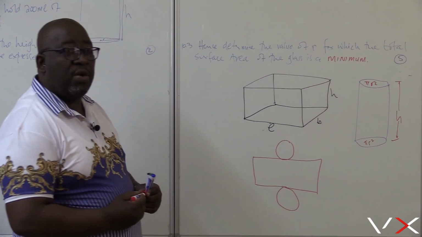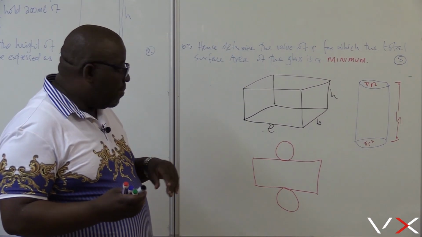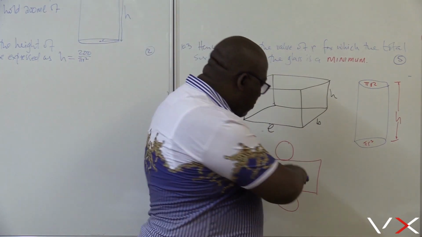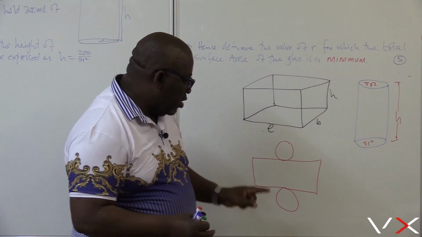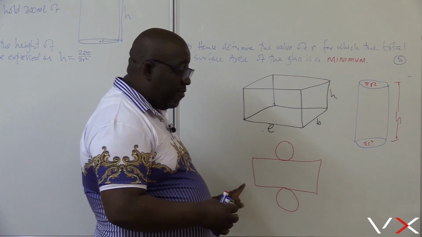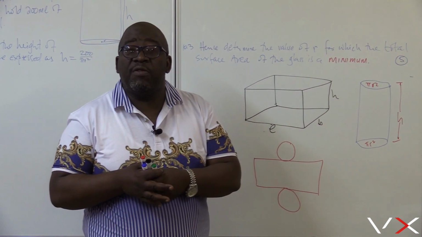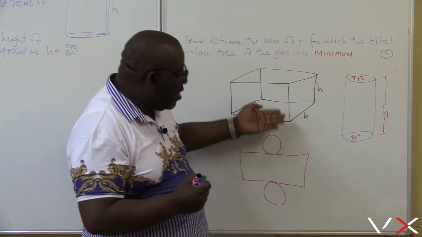Right, this is how it will look on paper before I put it together. What is happening here? I've cut this tin of fish and opened it so that this part that was closing the fish inside will look like a rectangle in this particular form. But I will also open the top. As you are about to cook the fish, you open it up and flip it over. So this is what I flipped over in this part.